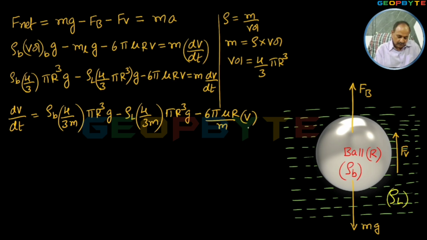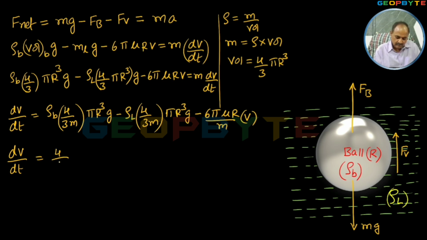Now this dv by dt I am writing as k1. One more step, 1 minute. It can also be written like this.